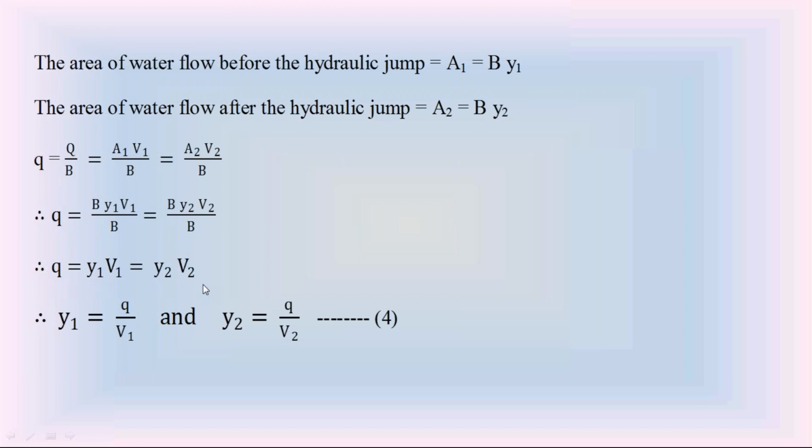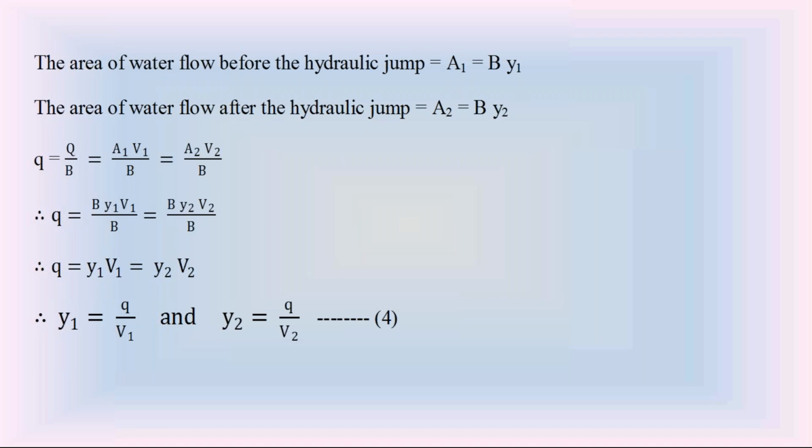So from this equation the depth y1 is equal to q by v1, and the depth y2 is equal to q by v2. So equation 4 gives us the depth of water flow before the hydraulic jump in terms of the velocity v1 and the discharge per unit width q, y1 equal to q by v1, and y2 equal to q by v2. Now we are going to discuss the equation of delta E in terms of the velocity of water flow v1 and v2.